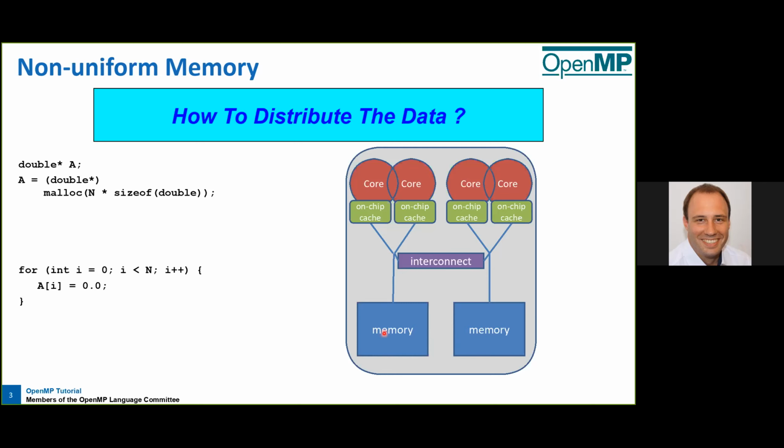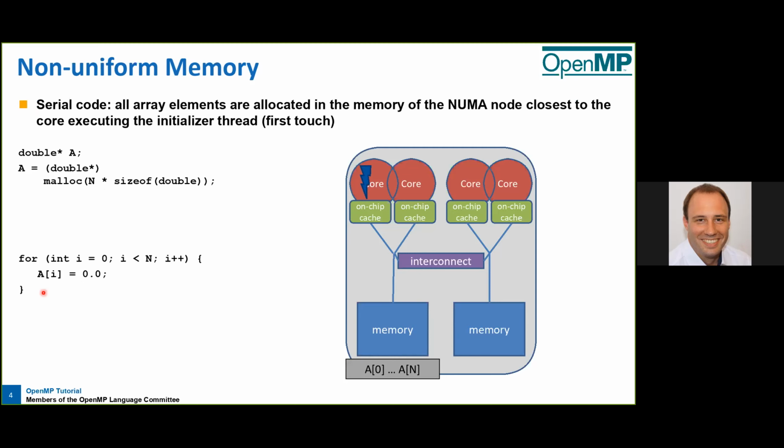But now if we have 2 different, let me call them physical memory locations, where is this data A actually allocated? That means physically placed. In order to understand that, we have to understand how the operating system works.